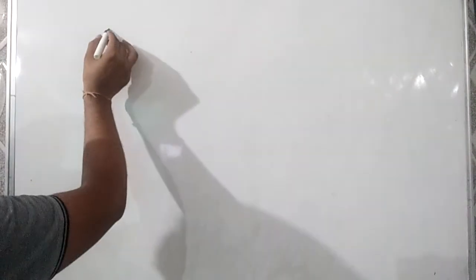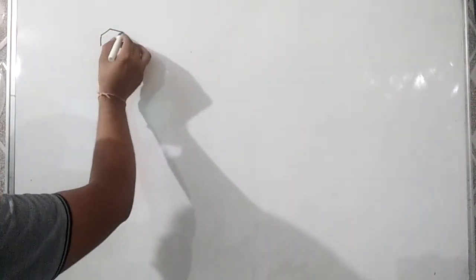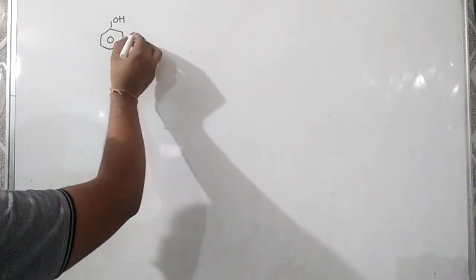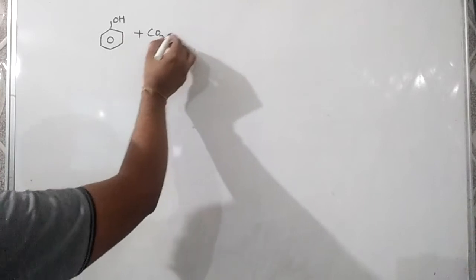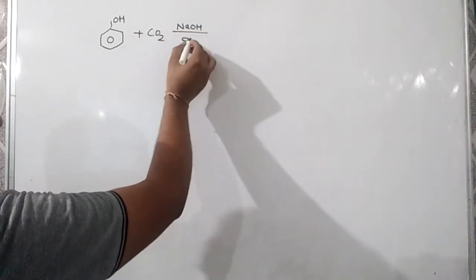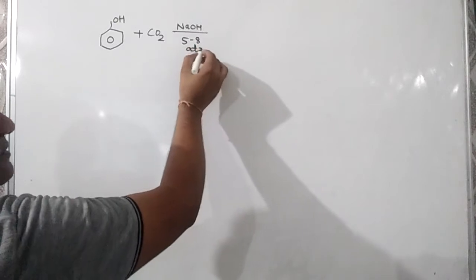Kolbe's reaction is used to convert phenol into salicylic acid, and that salicylic acid can be further changed into 3 medicines which are having importance in our daily life. First, we have to convert phenol into salicylic acid, and reaction is known as Kolbe's reaction. For that, phenol is reacted with carbon dioxide in presence of NaOH at 5 to 8 atmospheric pressure.